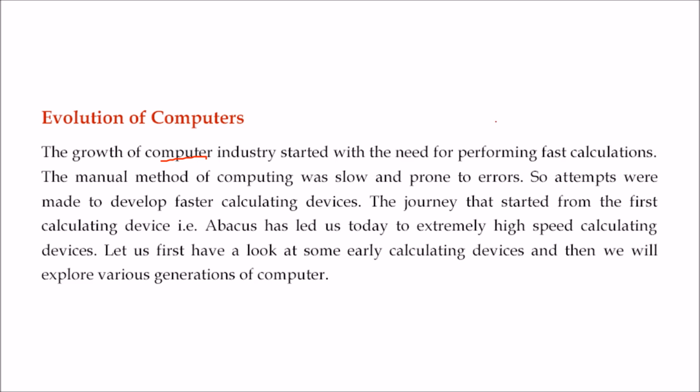Even the calculation was not done. So it all started with that. Why do we need a computer? Because manual working is prone to errors and it is quite slow. Then the calculators were made faster, some memory was added, and it started with, if you might have played with it when you were a child, a calculating device which is called an abacus.